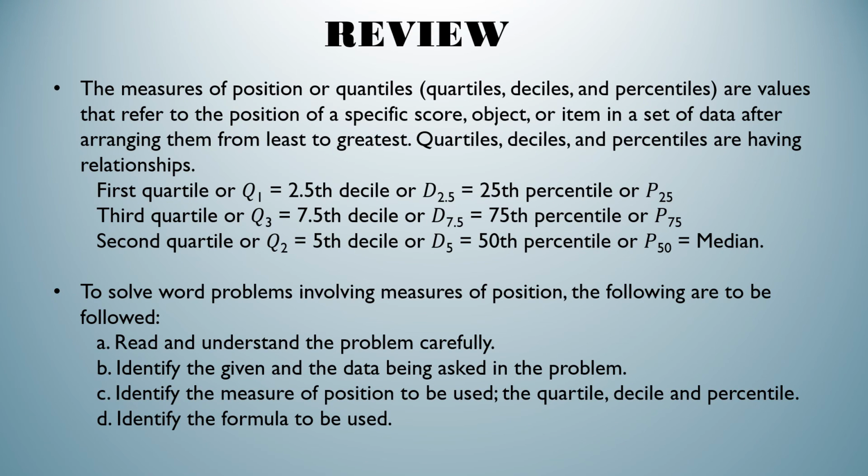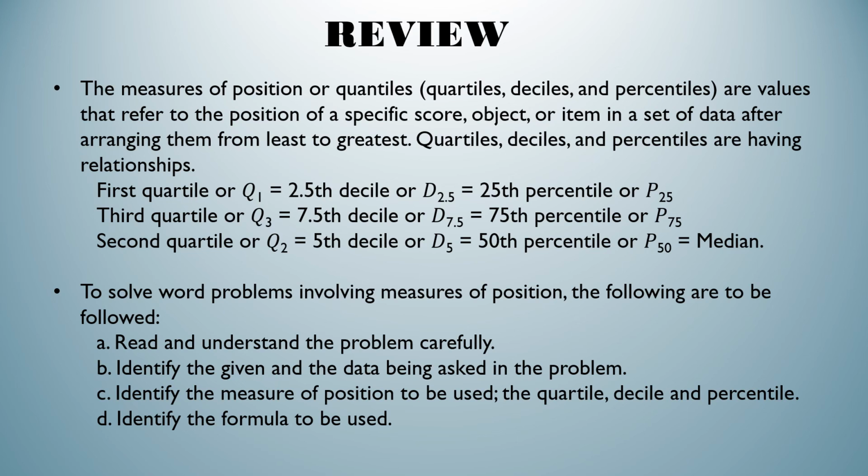Now, we have learned that the measures of position or quantiles, which are the quartiles, deciles, and percentiles, are values that refer to the position of a specific score, object, or item in a set of data after arranging them from least to greatest. Quartiles, deciles, and percentiles have relationships. First quartile, or Q sub 1, is equal to 2.5 decile, or D sub 2.5, is equal to 25th percentile, or P sub 25.